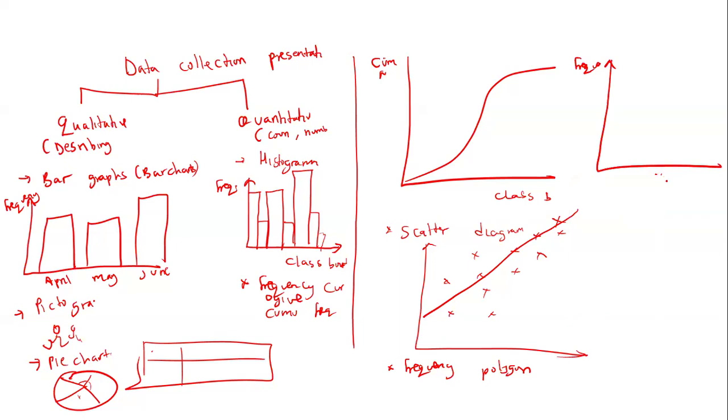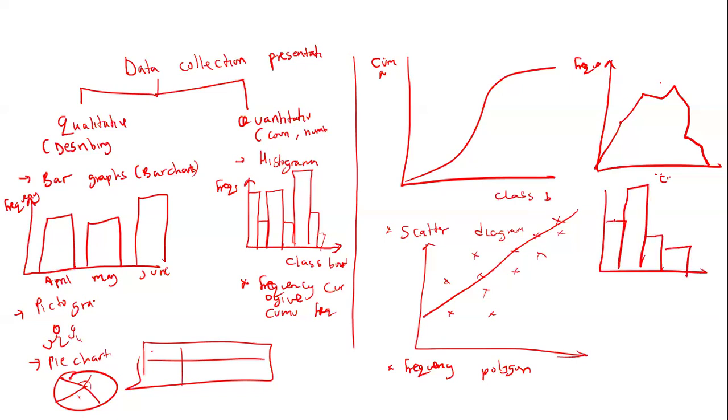You plot in the middle of the class boundary, and then you join the points, and then after you close it. Sometimes they can tell you to draw it on the histogram. Then you come to the middle of each of the bars, and then you draw it.